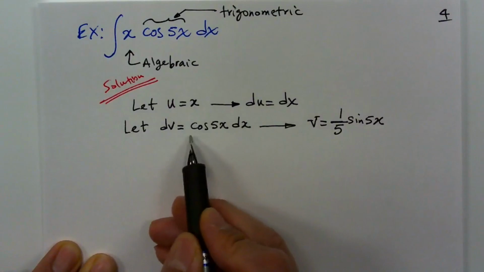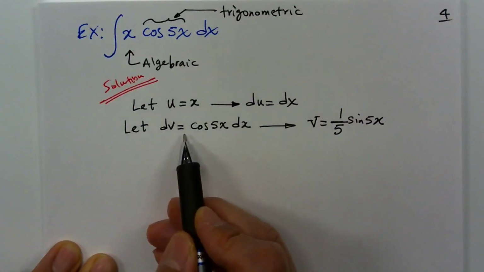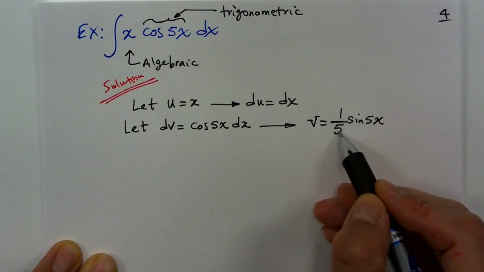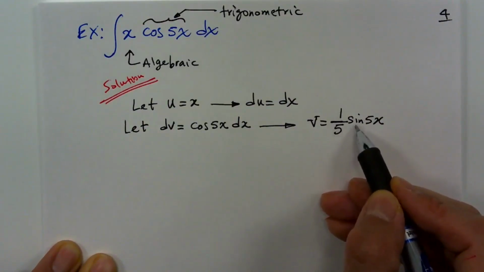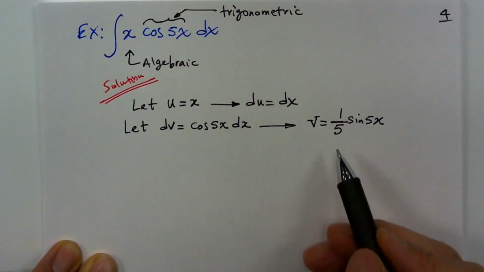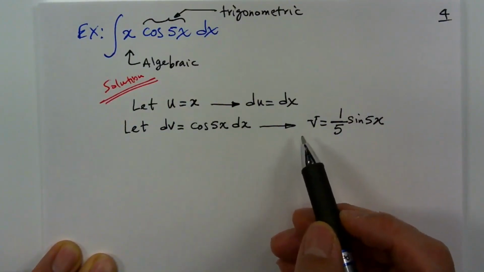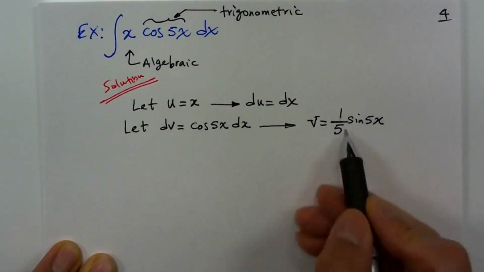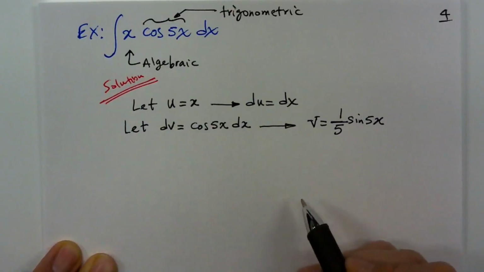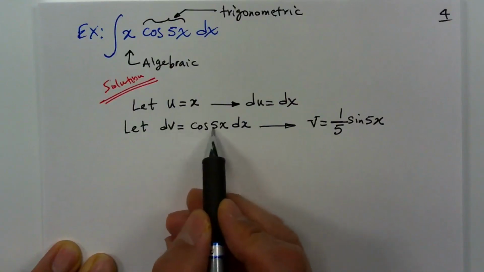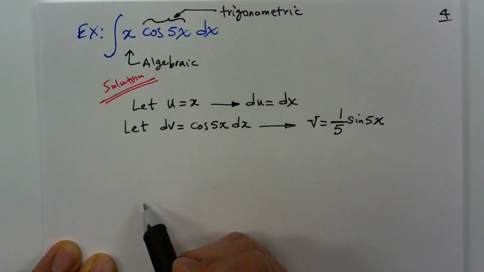But this integral doesn't have a 5 in front, which means we must have had 1 over 5 at the beginning in our antiderivative to cancel the 5 that comes from the 5x as we apply the chain rule. Okay? So this is the antiderivative of that dv that we selected.